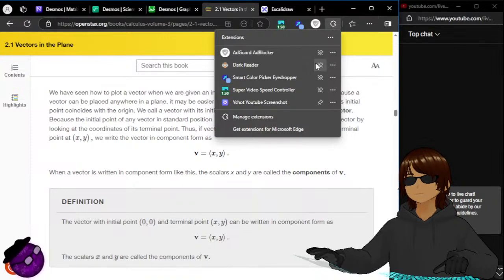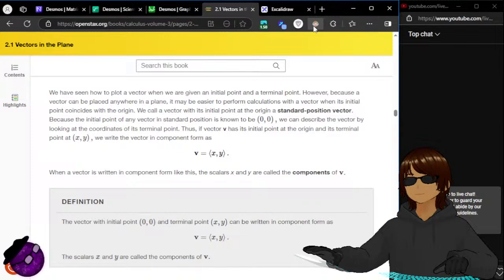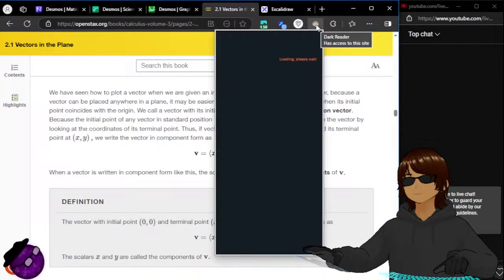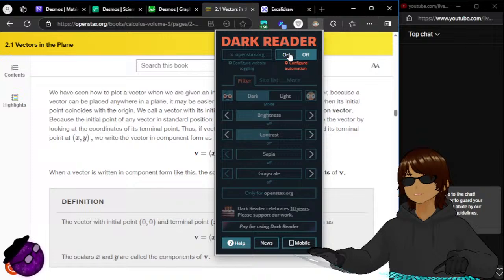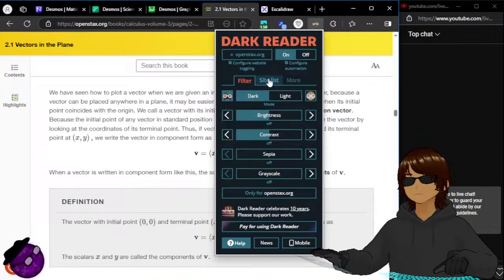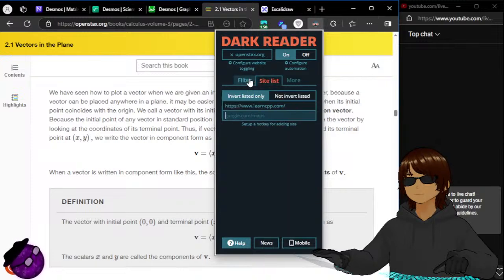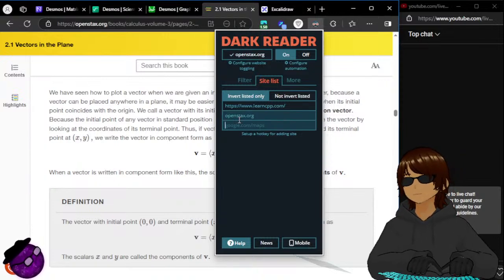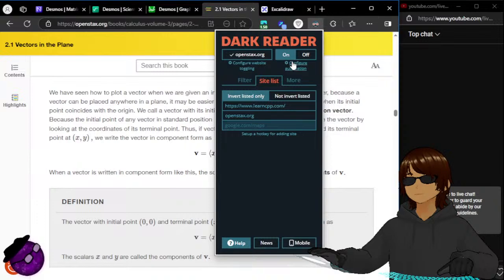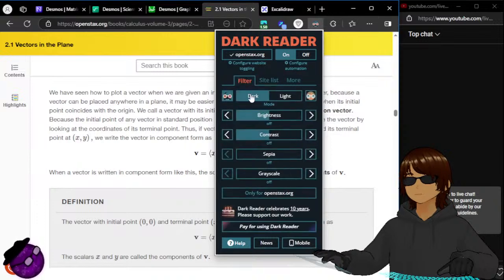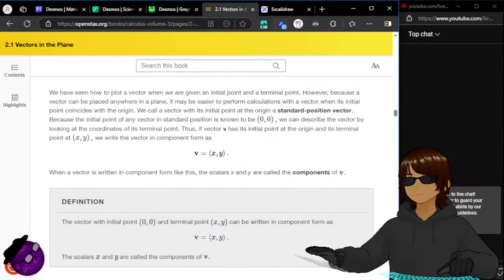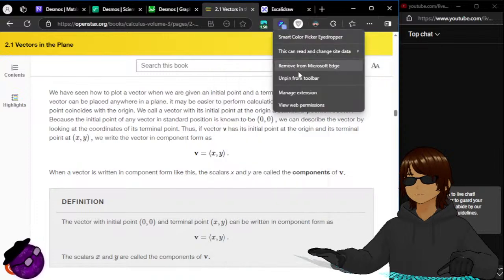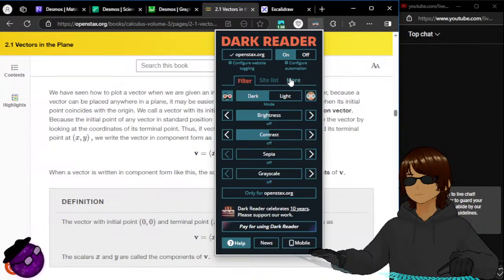Should I? How does dark mode look like? OpenStax.org. Wait.